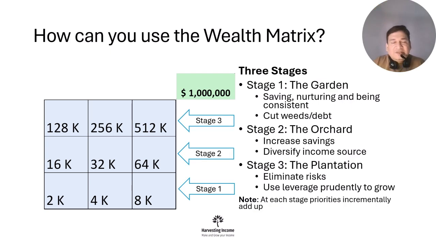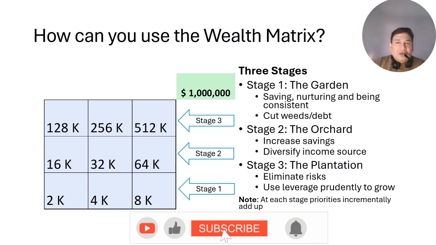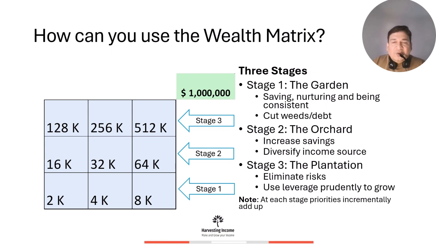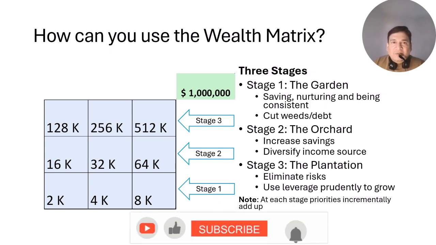Okay, now come the stages. You understood the matrix, and you understand how the value of your investment helps you move from one cell to the other, and you start moving up from row one to row three. But each row is actually a different stage of your financial future. That's something you need to keep in mind. There are 3 stages.